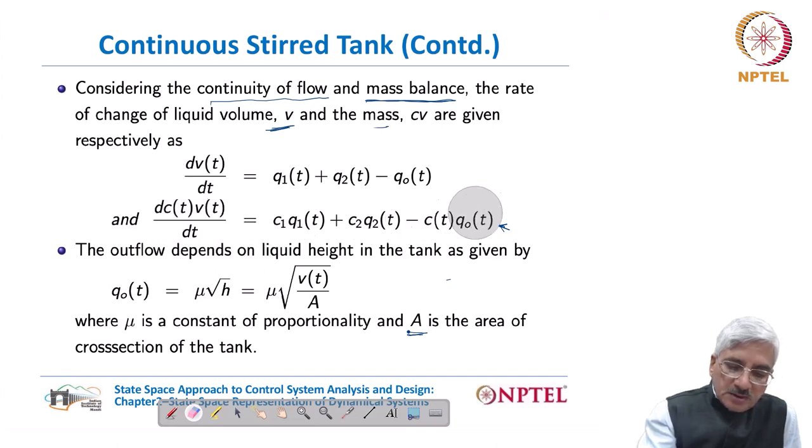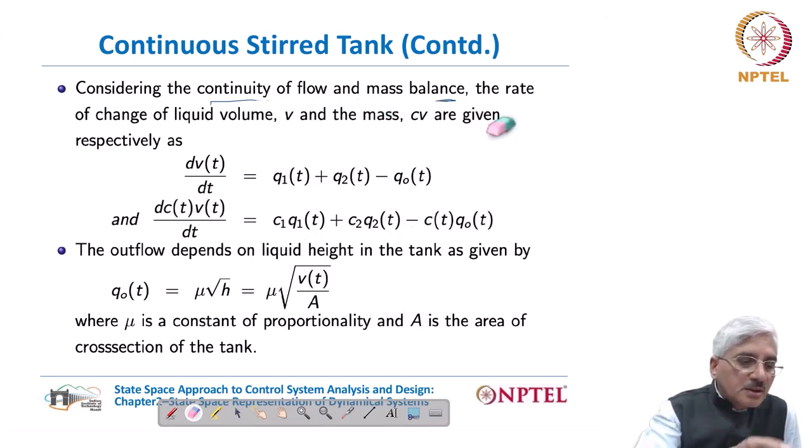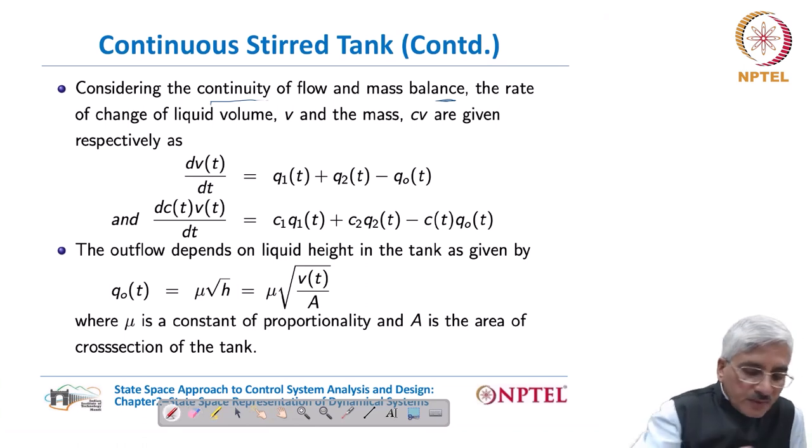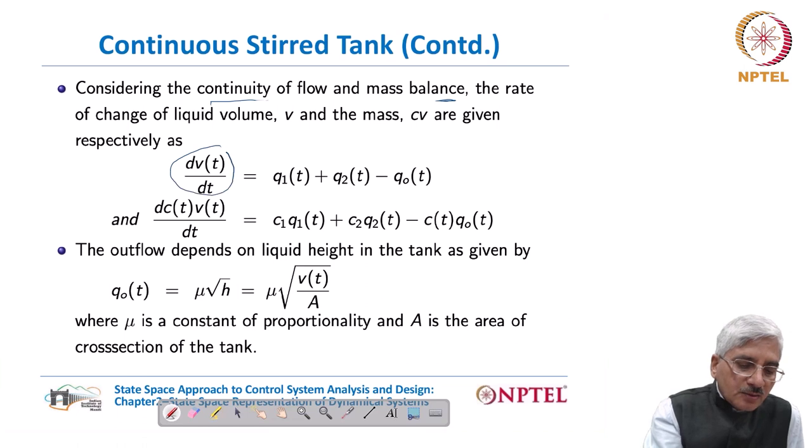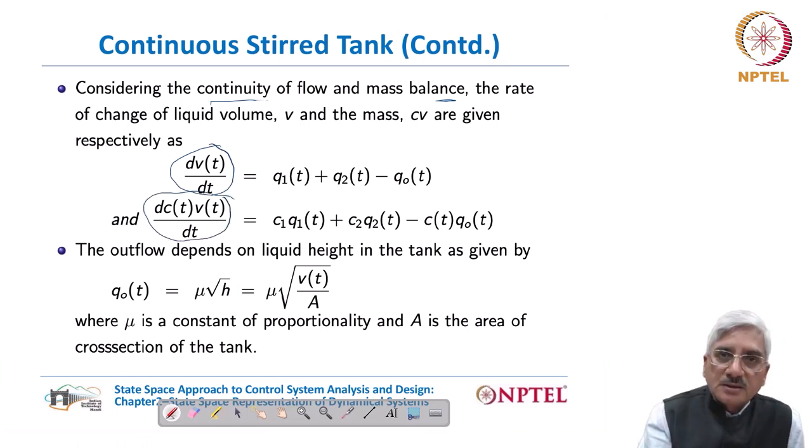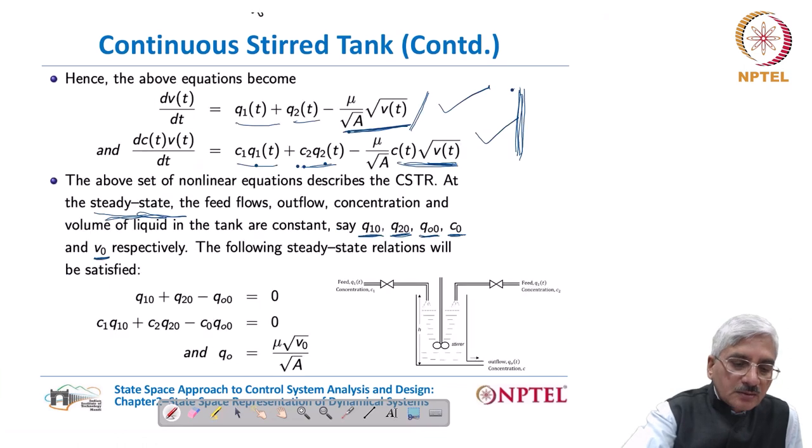Yeah, if we come back to these equations, we see that this left hand side will be 0 at steady state, and this one will also be 0 at steady state. So we will have Q1 at steady state plus Q2 at steady state minus QO at steady state equal to 0.